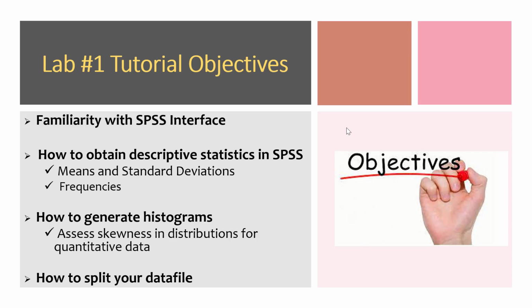And last but not least, I will be teaching you how to split your data file, which is a really cool data management technique if you want to conduct more sophisticated analysis in terms of breaking down your means and standard deviations for different categories of variables. All right, let's get started.